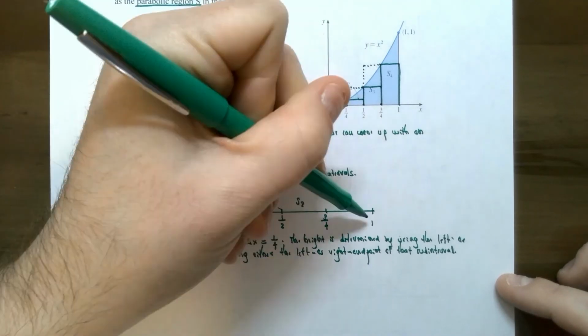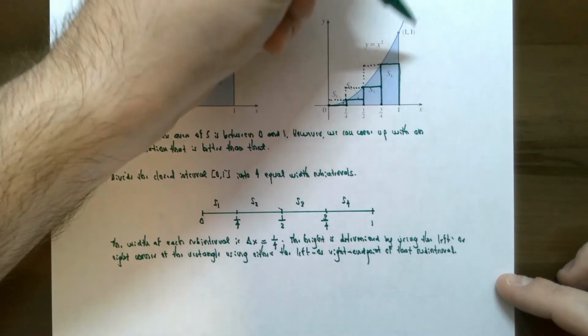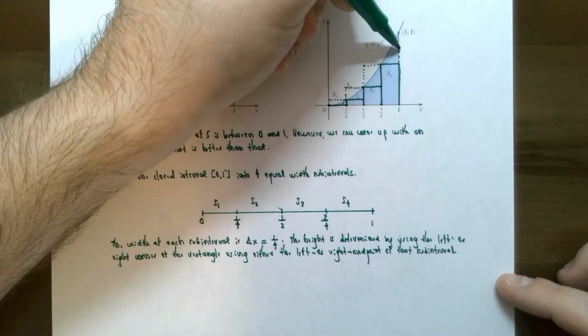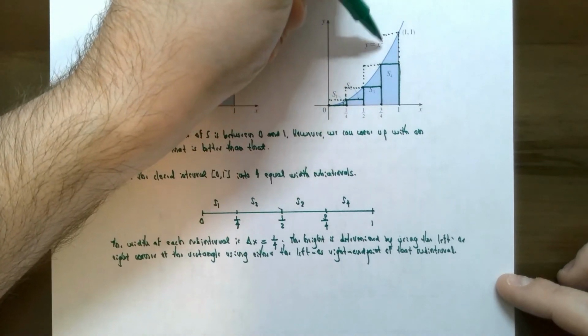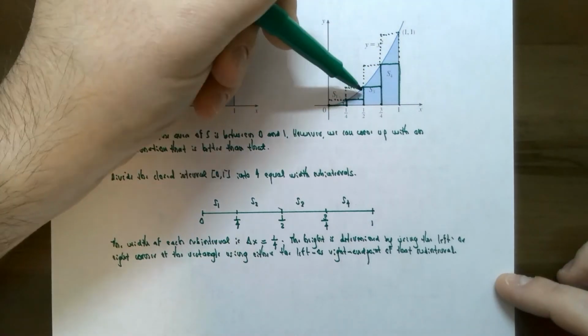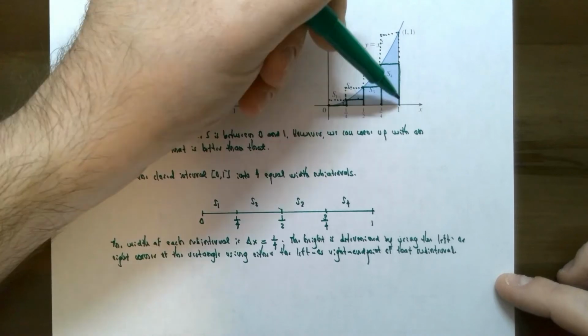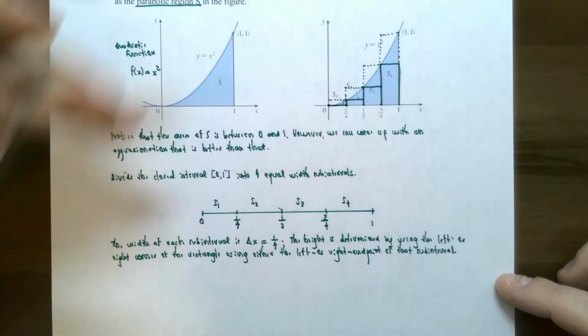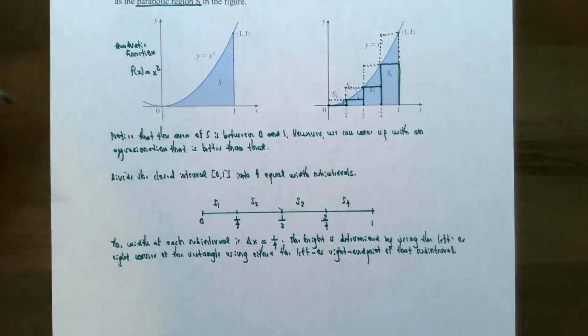And since 1 is the last right endpoint, that would determine the height of the last rectangle. So notice that the area of these larger rectangles would be an overestimate to the actual area. So the idea is that we're going to have an underestimate, an overestimate, and then somewhere between the two will be the actual amount of the area for the region S.